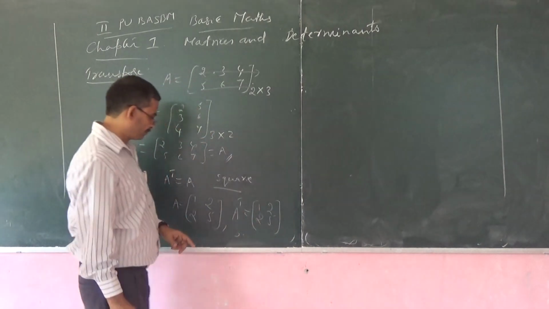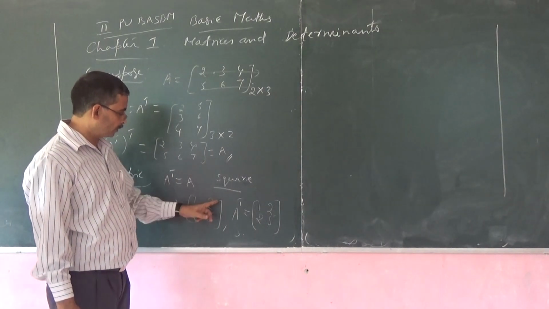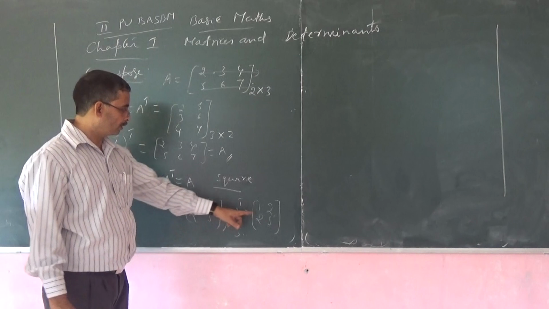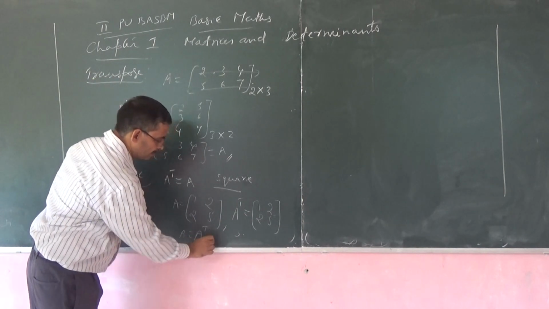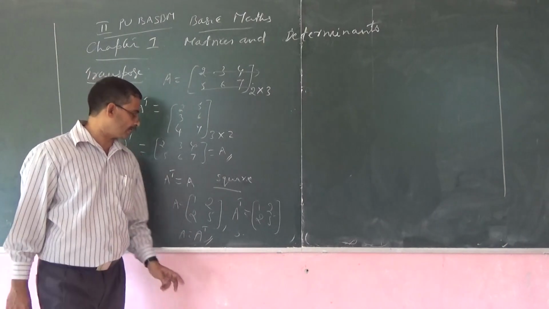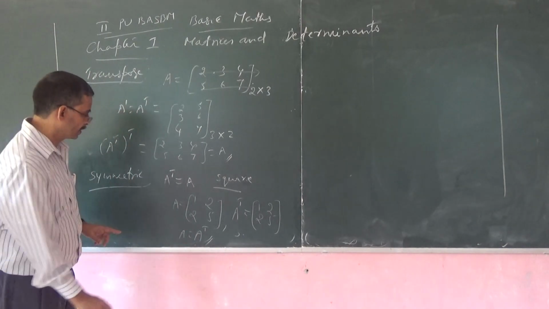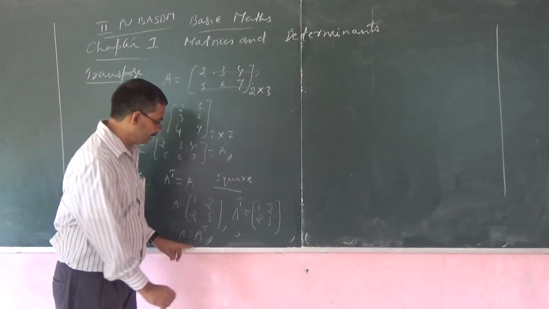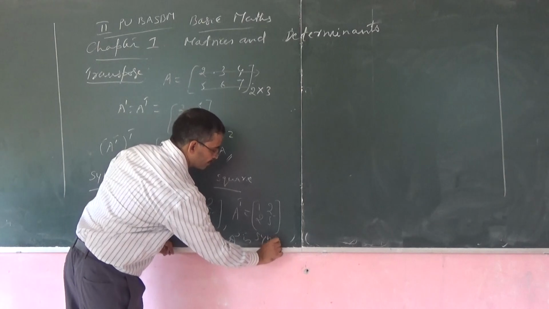Now observe that A and A transpose are both equal: 1, 2, 2, 5. So A equal to A transpose. That means A is symmetric.